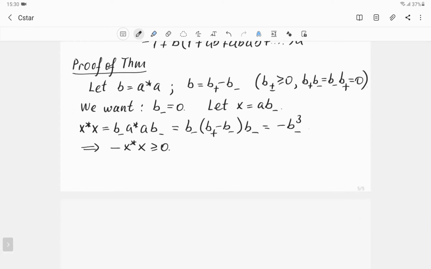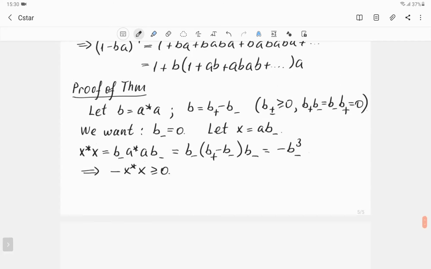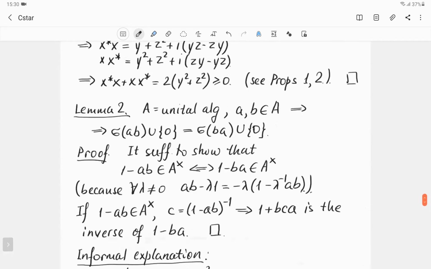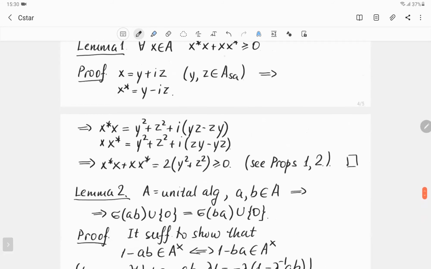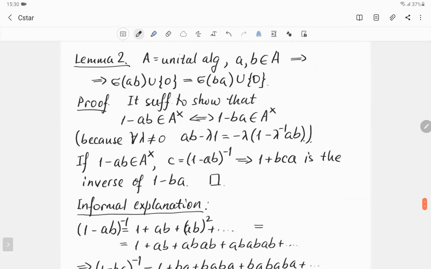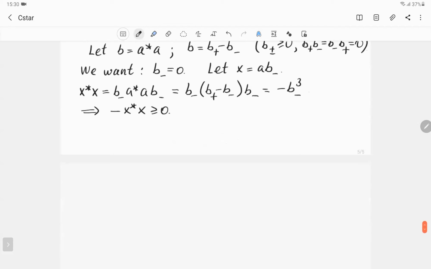Okay. Let's now look at the element from lemma 1. So we know that this element is positive. Maybe let's do it in a slightly different way. So we look at X X star.